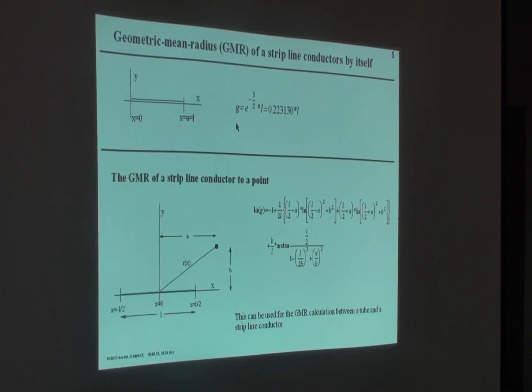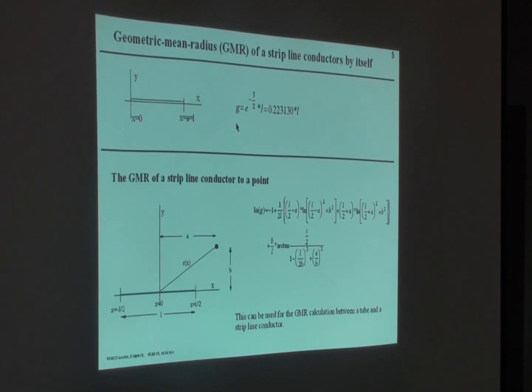If you have a transformer, this is the electrode. If here is a transformer connection, it may be that here is a tube. And here is a copper plated part. And then you have to calculate also the geometric mean radius between these two. It's not so important how big it is, because if they are far away, the flexible cables are there between them. But you have to calculate one value.